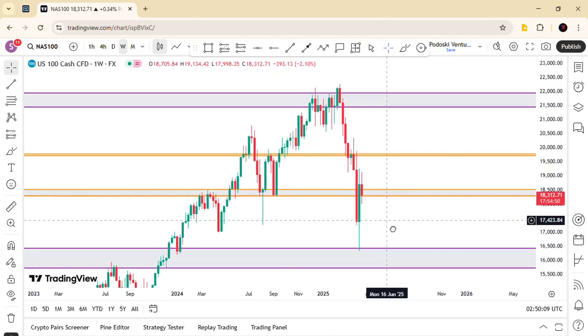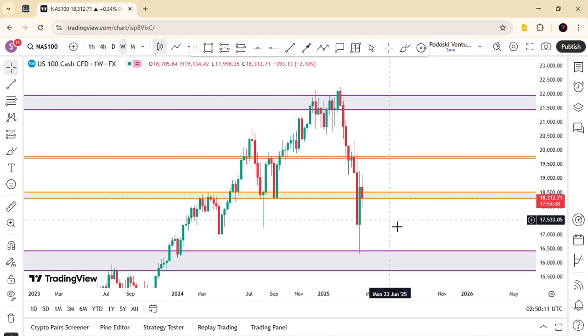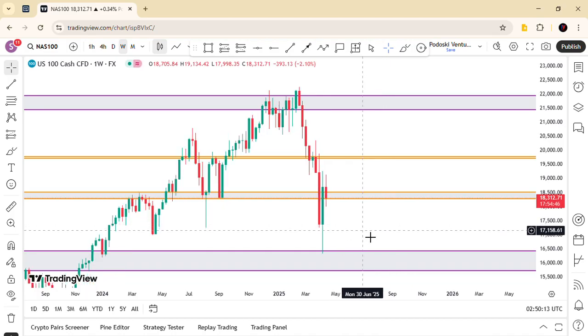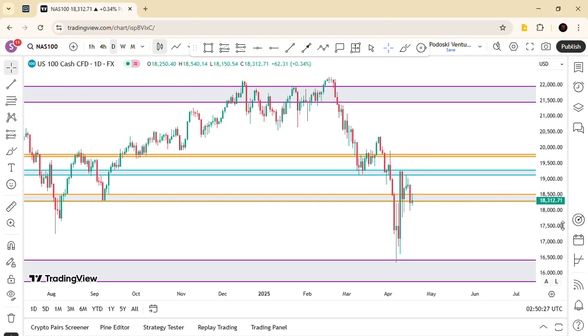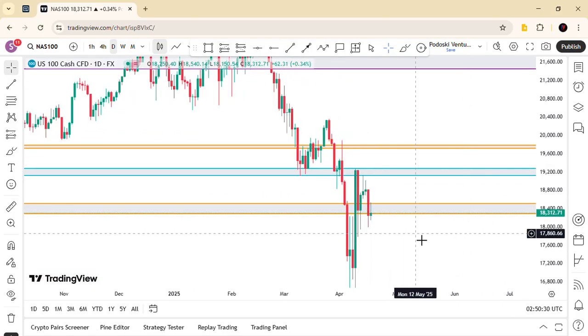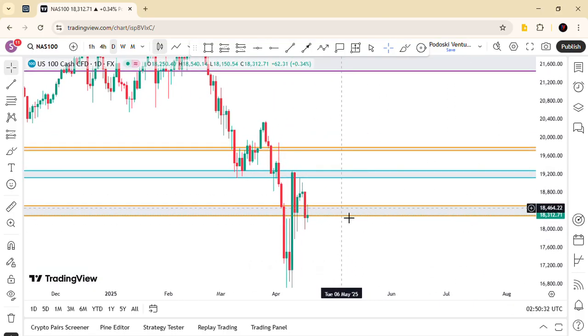Since we are in an uptrend on NAS 100, you'll be looking for buying opportunities. But on the weekly time frame, I'm not seeing anything which will give us momentum to buy. So let's go to the daily and see how we can buy, and then go to the 4 hour and prepare ourselves for the possible buy.